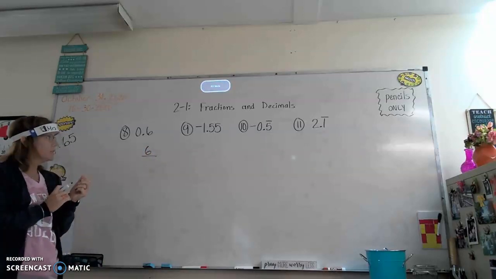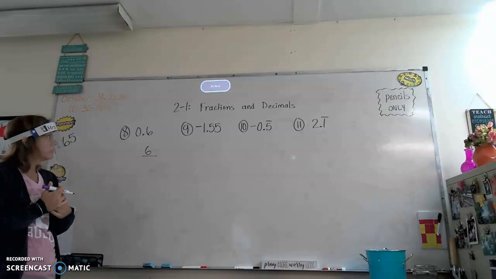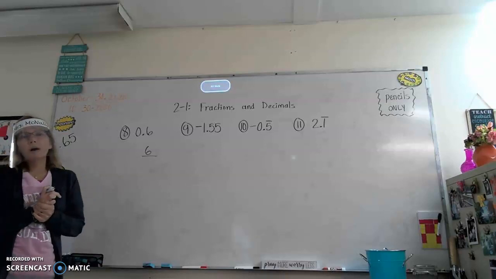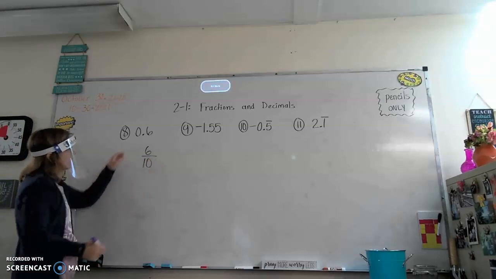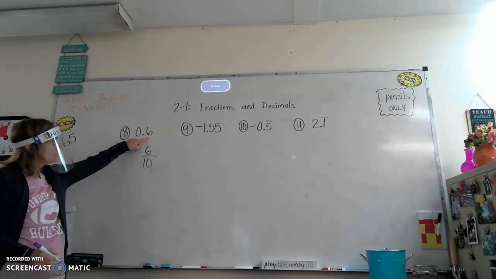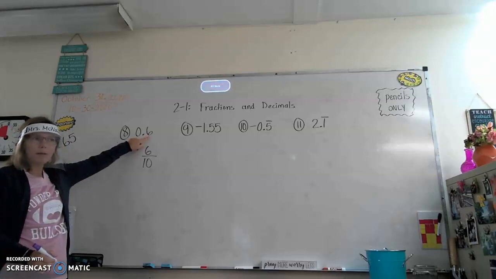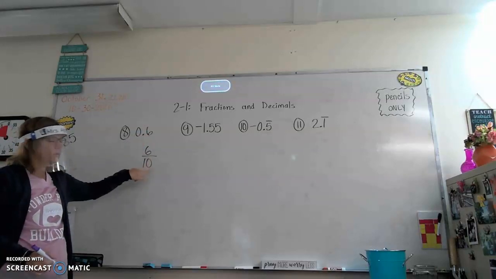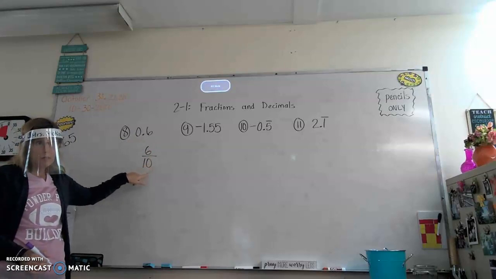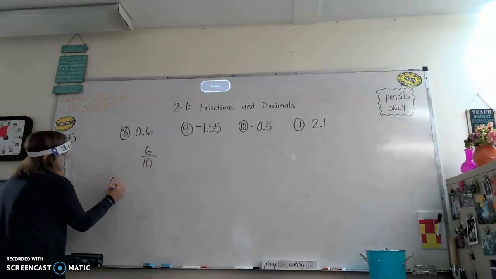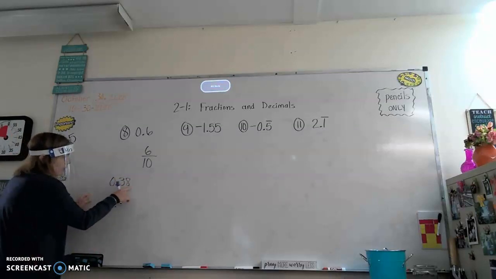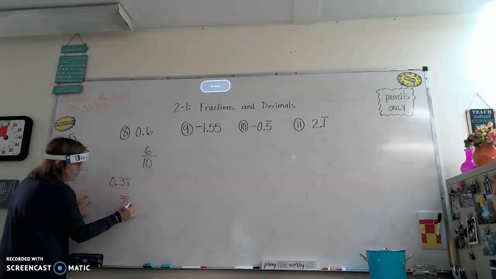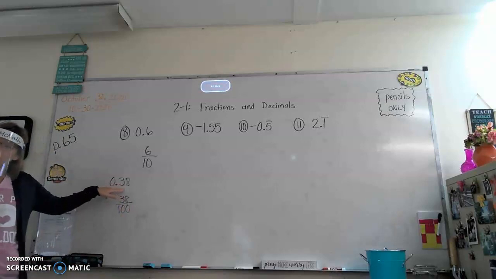So I'm going to write the 6 as my top number. To find the bottom number, I'm just going to write a 10. However many digits past the decimal I went, that's how many zeros I need to have under here. So if I had something like that, then I would write the top number, and I would write 2 zeros this time because I have 2 places after the decimal.